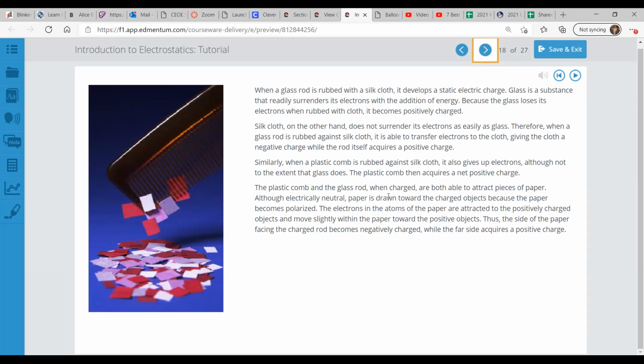Although electrically neutral, paper is drawn toward the charged objects because the paper becomes polarized. The electrons in the atoms of the paper are attracted to the positively charged objects and move slightly within the paper toward the positive objects. Thus, the side of the paper facing the charged rod becomes negatively charged, while the far side acquires a positive charge.